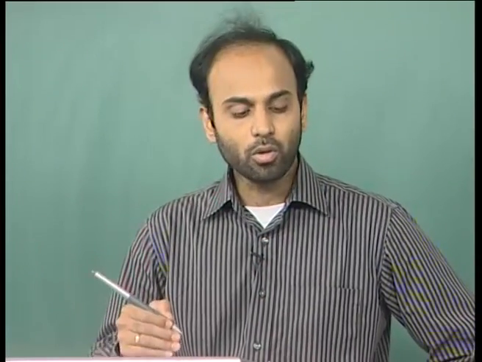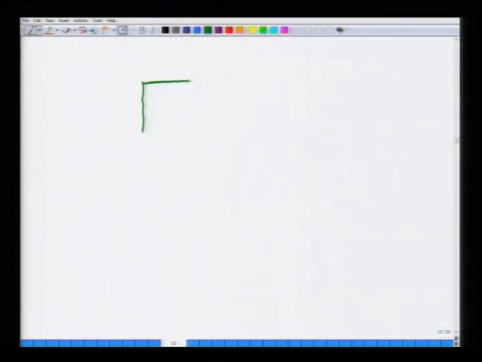Let me illustrate to you through a simple schematic. Rather than going into detail and analyzing what diversity is all about, before doing a detailed analysis, let me just give you an outline of what fading is about. Currently in a wireless communication system, we have a transmitter, which we will denote by Tx, and then we have a receiver, and then we have one link.